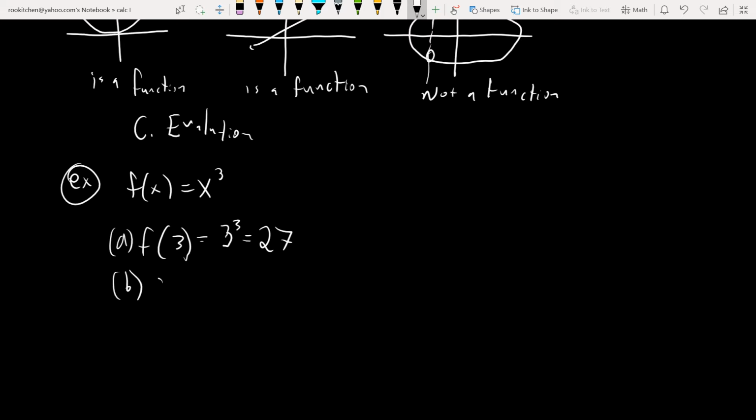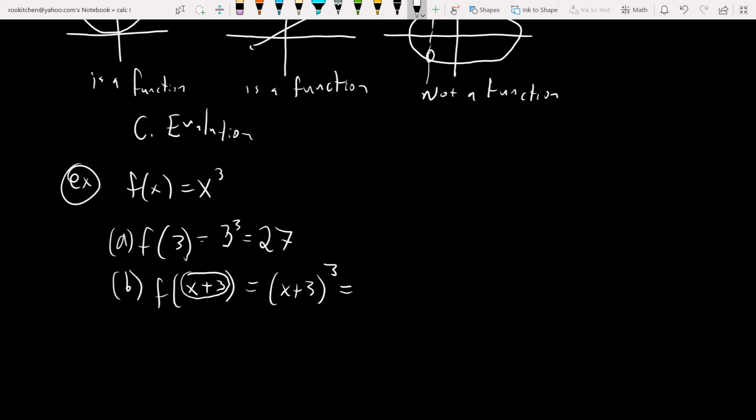We can make it harder by putting in some variables, so x plus 3. Put x plus 3 in for x, so that will be x plus 3 cubed. Wherever you see x, you put in whatever is inside this f of notation.